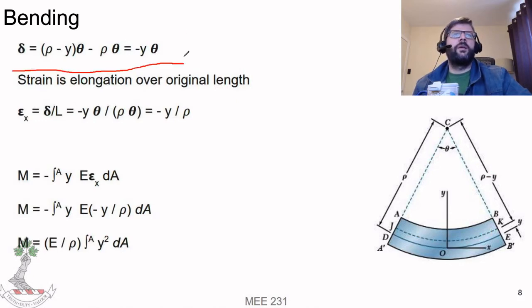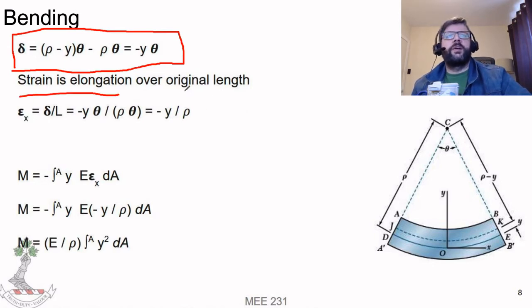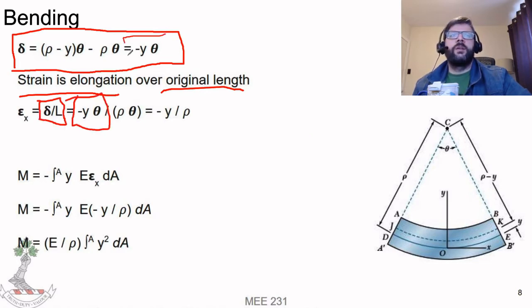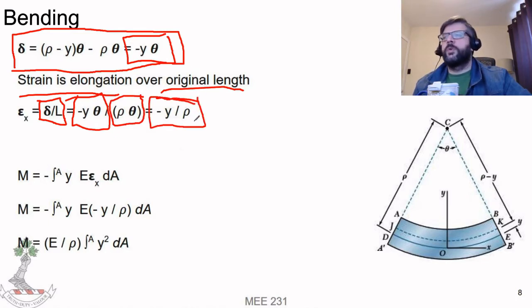Then we can calculate our strain. Our strain is just going to be the elongation divided by the original length, our rho theta. The thetas cancel out, and we're left with just negative y divided by rho.